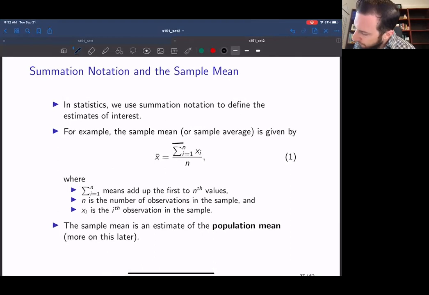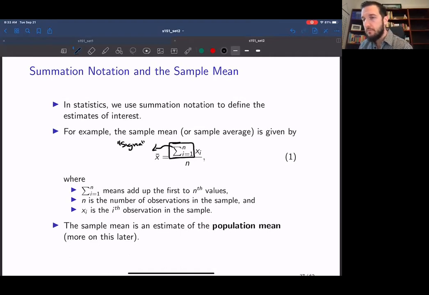So this first part here is a symbol that acts as one unit. Okay, so this symbol here, which is capital sigma.